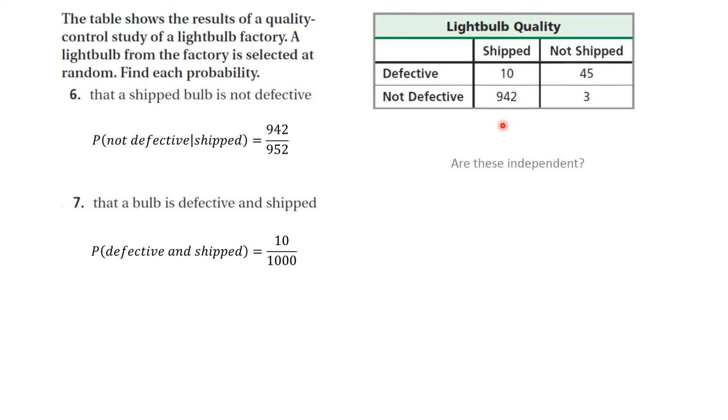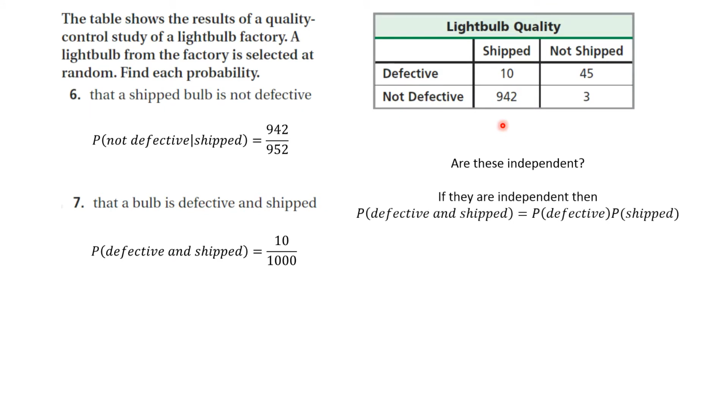Well, to tell if it's independent, we can actually look at the equation. If they're independent, then the probability of A and B will equal the probability of A times the probability of B. That equation that we had for independent events is actually the definition of independent events. If that is true, they are independent.